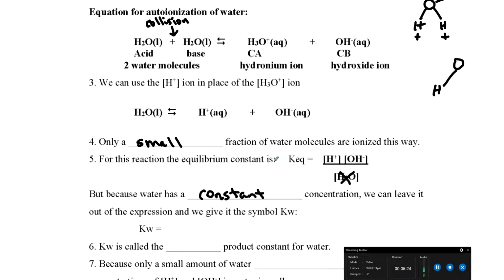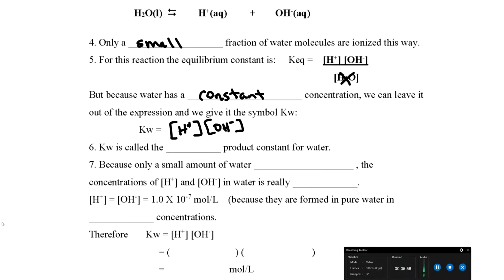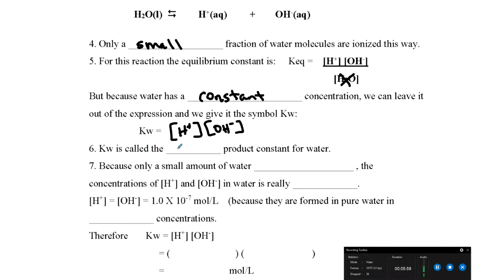So our KEQ expression just becomes the concentration of H plus ions multiplied by the concentration of OH negative ions, and it gets its own special symbol because it's specific to this process. So we call it KW, and it just looks like this: H plus and OH negative. And it's always these two ions, right? Because that's all that water has in it. So this KW ends up being called the ion product constant for water. So the W just makes it specific to water.